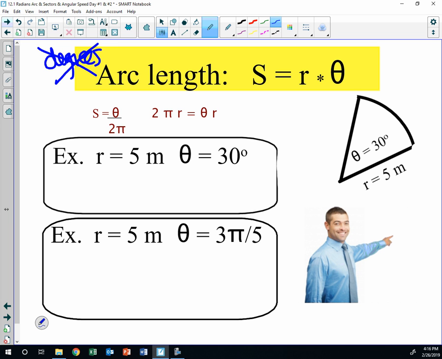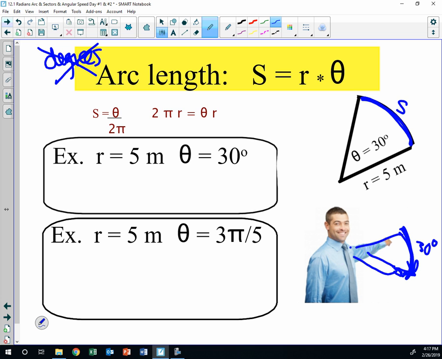So I have a picture of this guy pointing, but let's say his arm moved down to here, and his pointing was there, and you looked at this angle of 30 degrees. You could figure out how far his fingertip moved by using this formula. S is the distance on the circle that it moves.